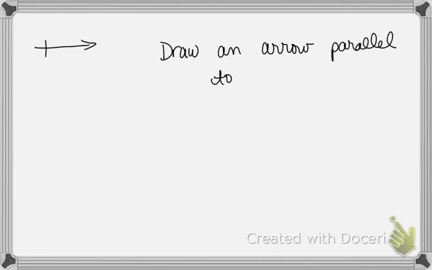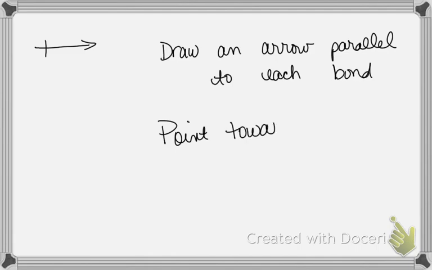This is a dipole arrow. It has a plus on one side and then it's an arrow. You will draw an arrow parallel to each bond. And the arrow will always point toward the more electronegative atom.